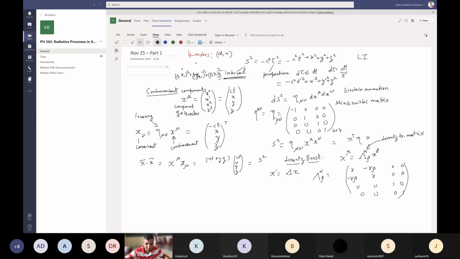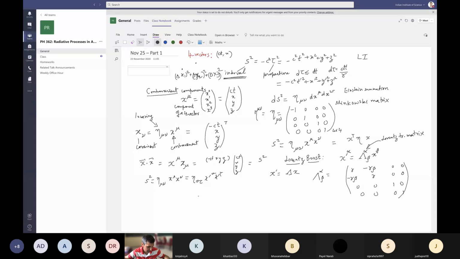Right, so let's see. S squared is equal to eta mu nu x mu x nu. This is also equal to eta sigma tau x prime sigma x prime tau. I'm just writing s squared in the unprimed and the primed coordinates because this is independent of the frame from which you're looking at. So what does this give?